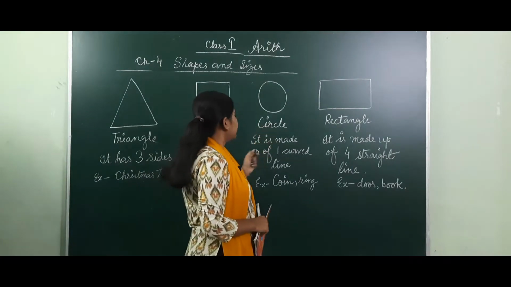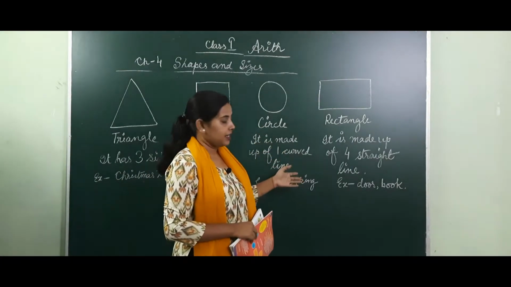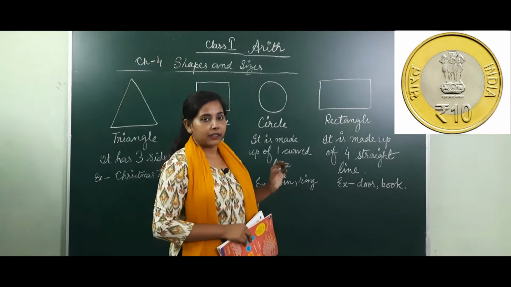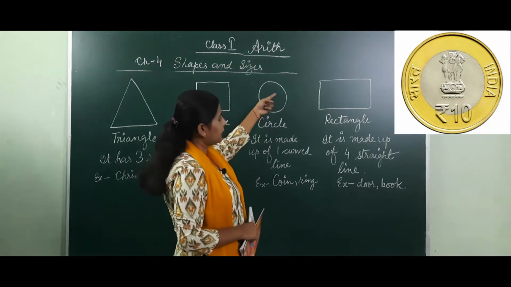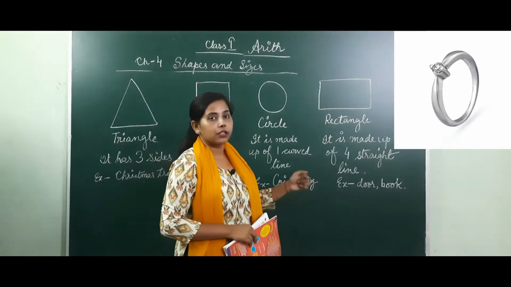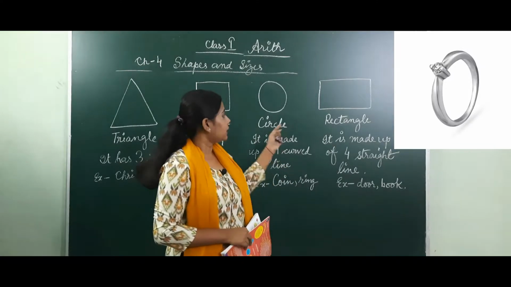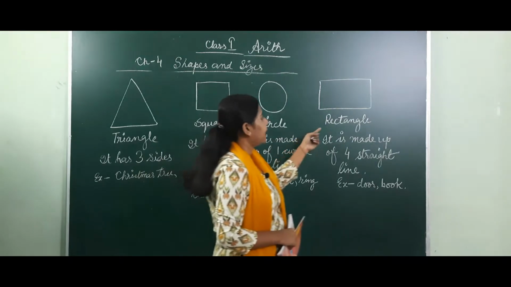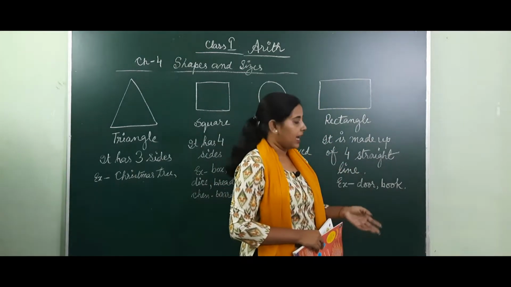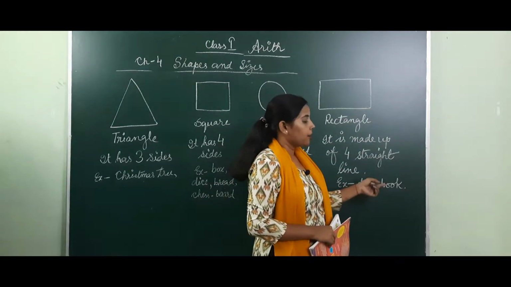Next, circle, which is made up of one curved line. Coin, you can see that it is of circle shape. Ring, what you wear on your fingers, is also a circle. Rectangle is made up of 4 straight lines. Door, book.